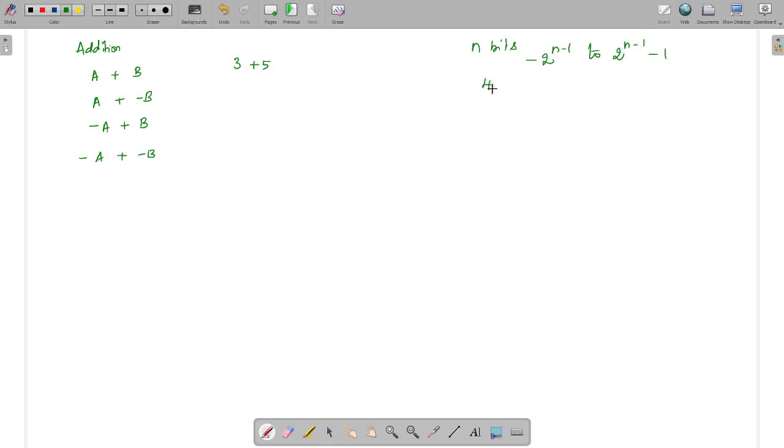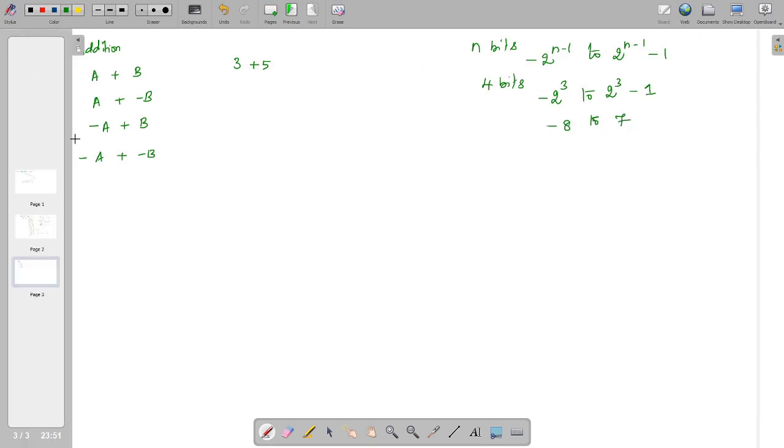You can just verify it with the 4 bits that we have tried in the previous slide, that is minus 2 to the power 3 to 2 to the power 3 minus 1, which means minus 8 to 7. So this is what is possible.